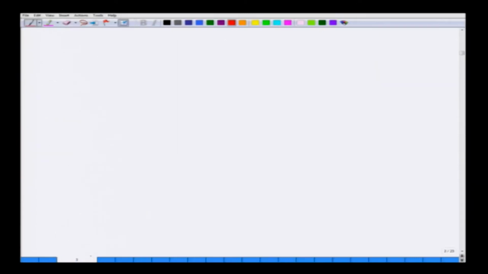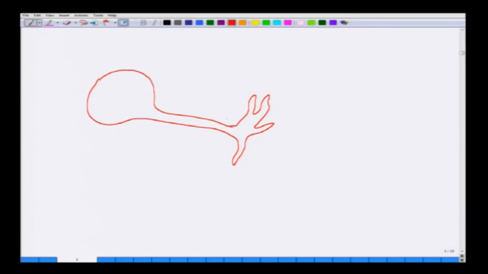Say, for example, there are two neurons like this, and here is another neuron like this.